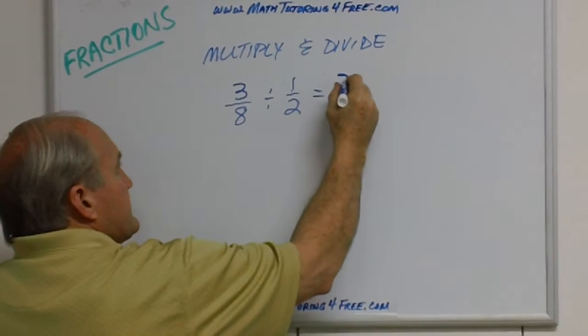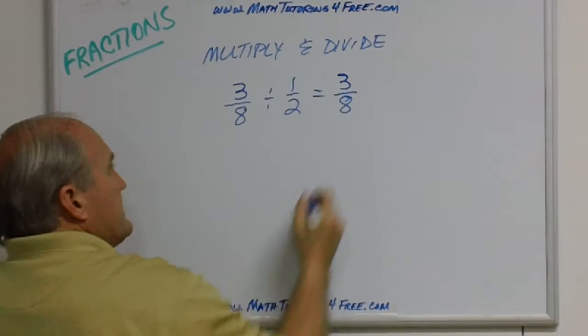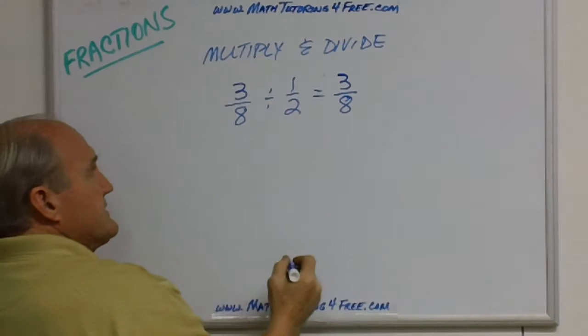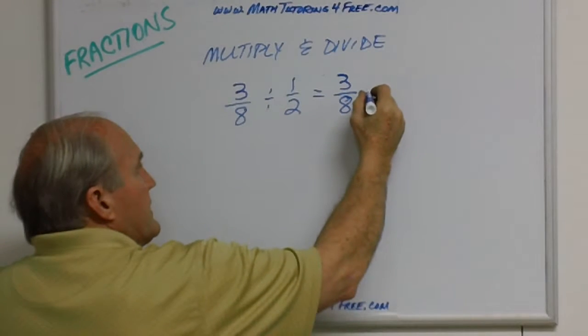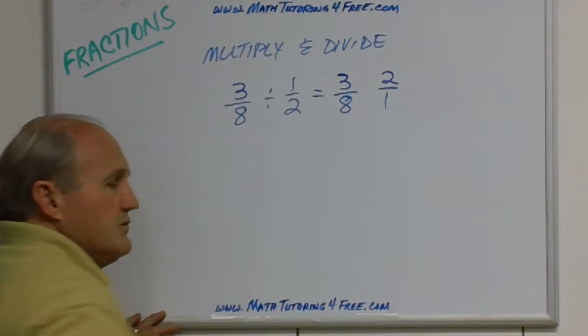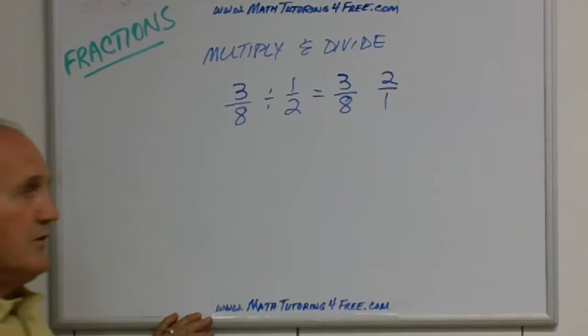So we take that same fraction, we haven't changed the first one, but the divisor, the one after the division symbol, we invert, so instead of 1/2, it's 2/1, and then multiply.